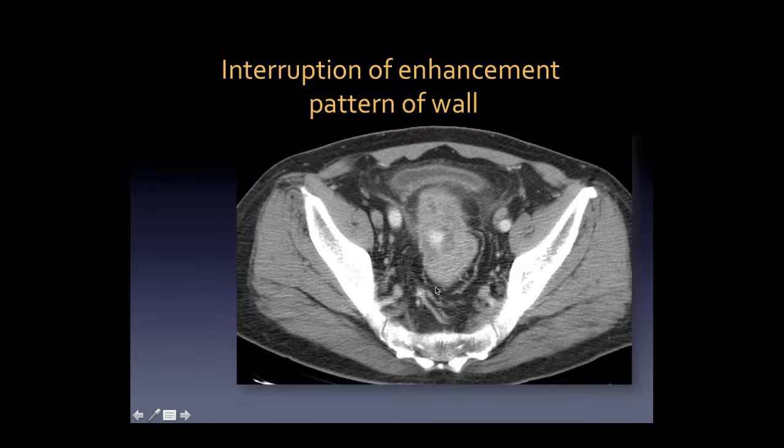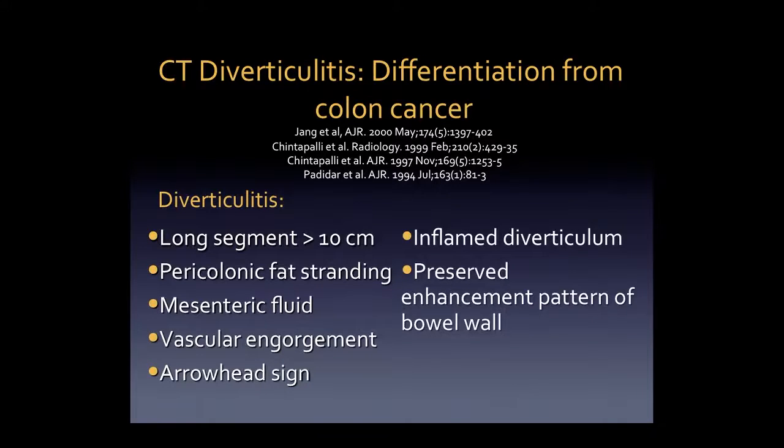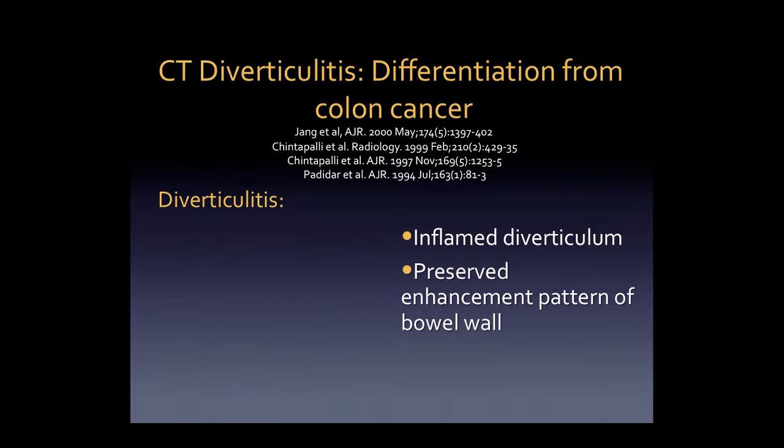This was a case of cancer. If you look at all of these features that are suggestive of diverticulitis, it turns out that two of them are much better than the others for making an accurate diagnosis of diverticulitis versus colon cancer, and they are these two.